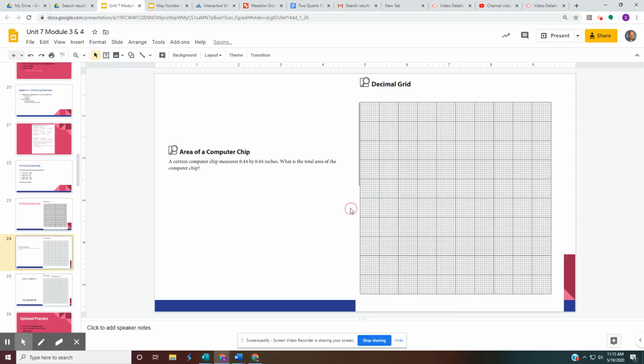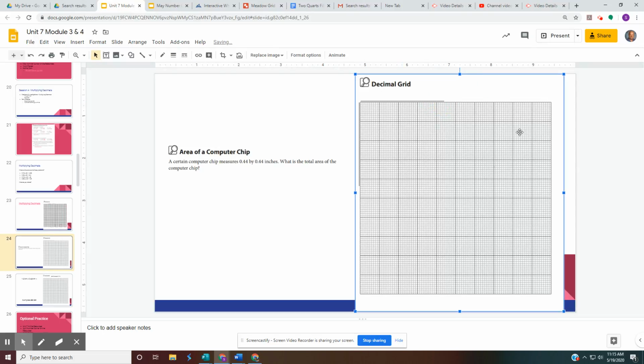I hope that shows right there. So this is my 0.44, and then it's 0.44 meters wide. So I'm going to start here and then go over 1, 2, 3, 4, 1, 2, 3, 4, and I'm going to stop it there.